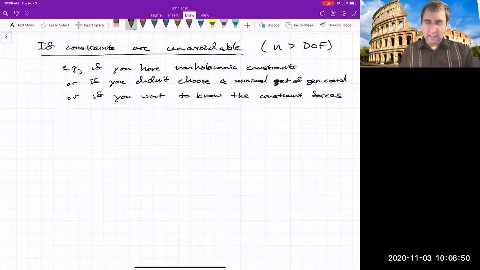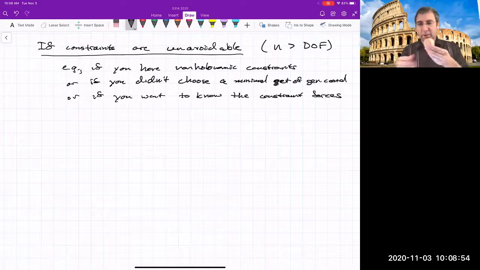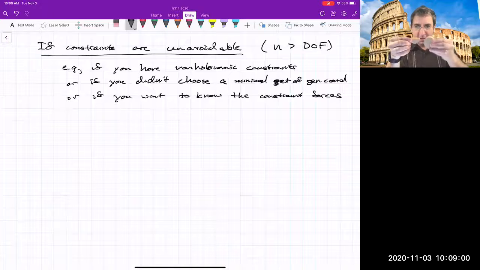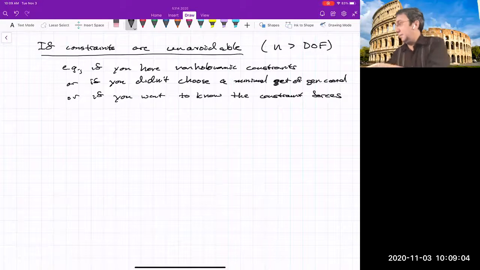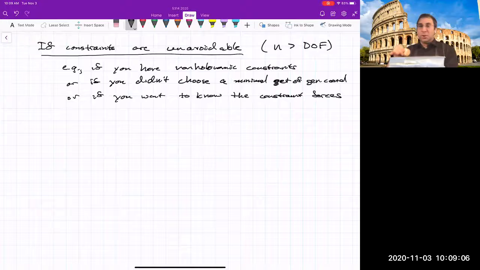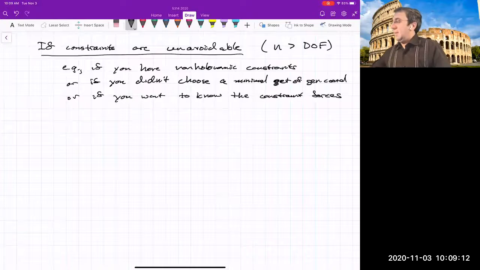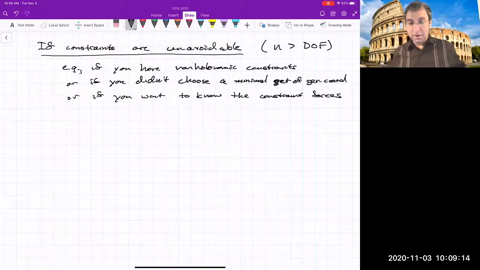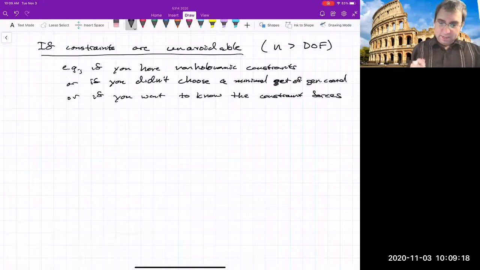So if you have cases like this, like a non-holonomic constraint, here is my little half cylinder, and then here's the full cylinder, a wheel. If I want to work out this dynamics in detail, how this thing rolls and turns, I'm going to have more generalized coordinates than degrees of freedom.